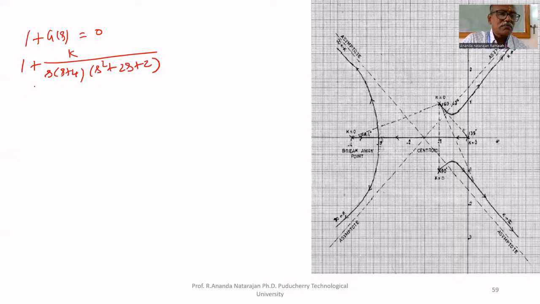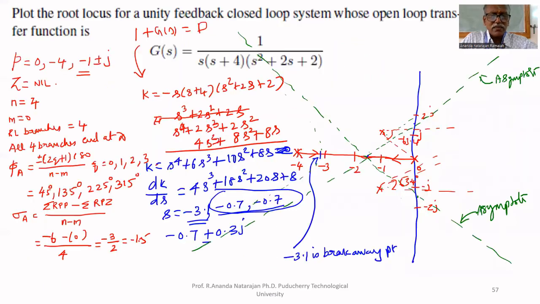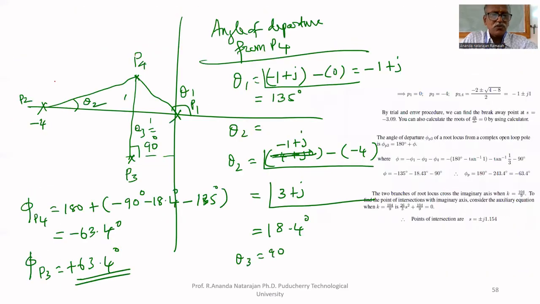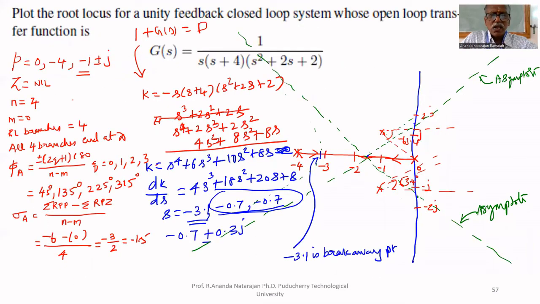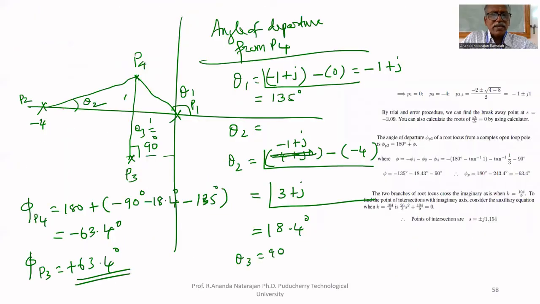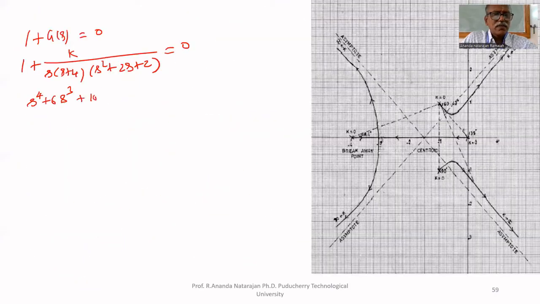The characteristic polynomial is s power 4 plus 6s cube plus 10s square plus 8s plus K equals 0.